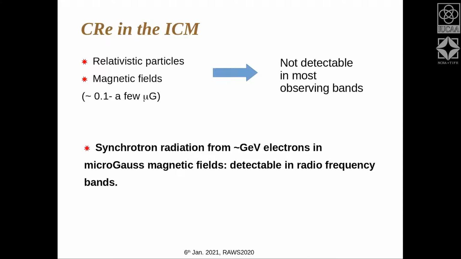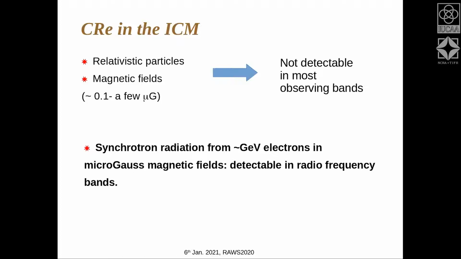However, you may have heard of synchrotron radiation. When electrons, relativistic charged particles, move in magnetic fields, you come across something called synchrotron radiation. So when charges are accelerating in the presence of a magnetic field, we get synchrotron radiation.